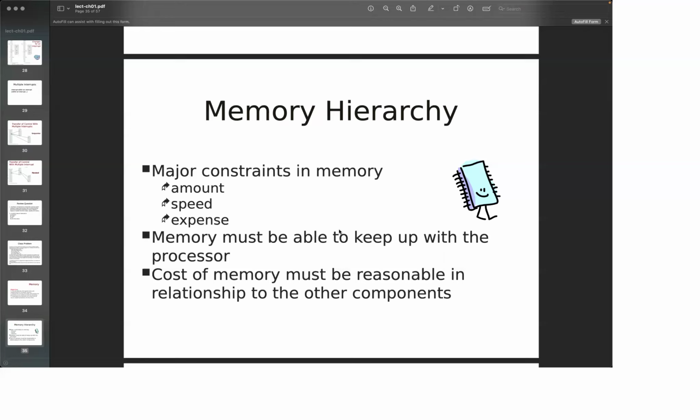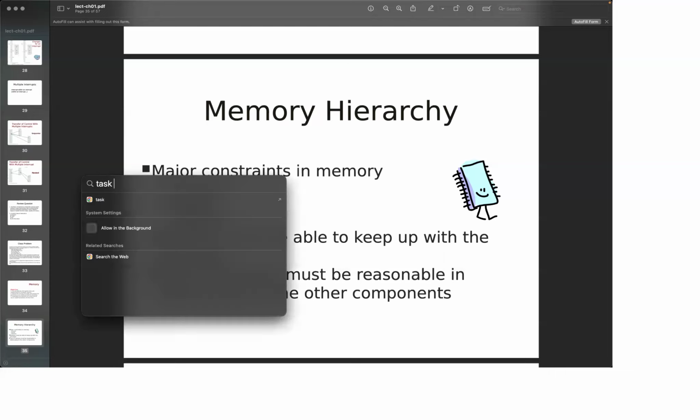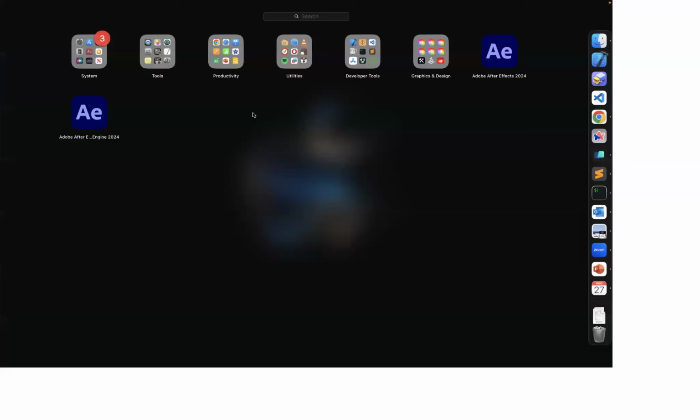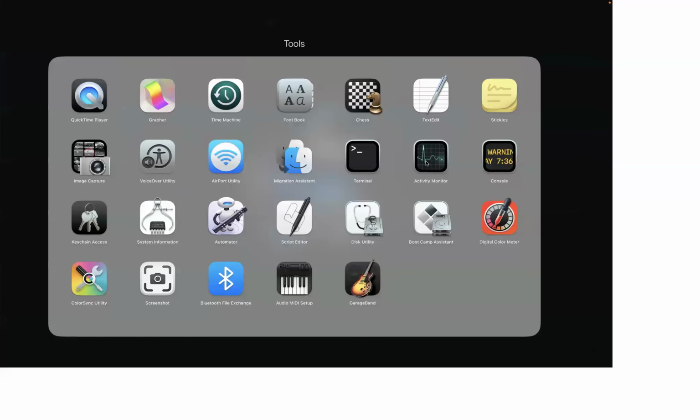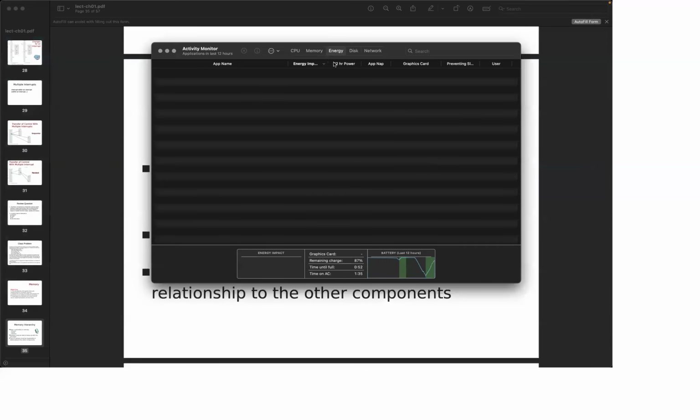Okay, 9.9. So you can see, maybe you opened Chrome, and what else? You can go to your task manager right here. My activity monitor shows my memory.